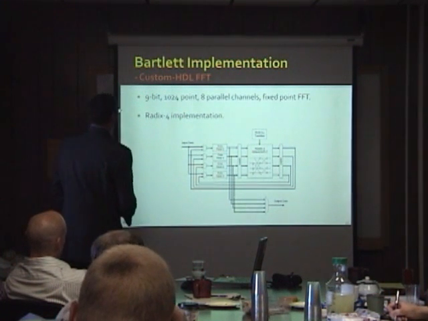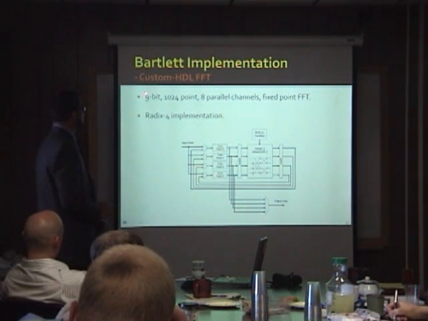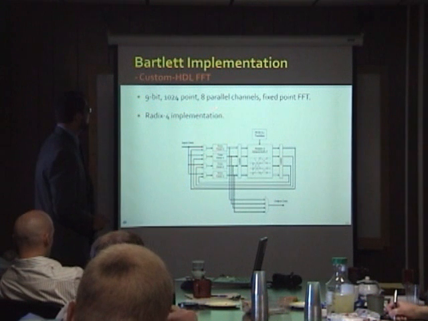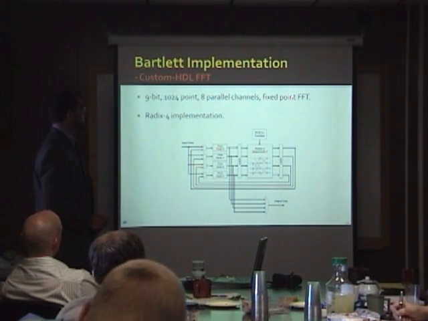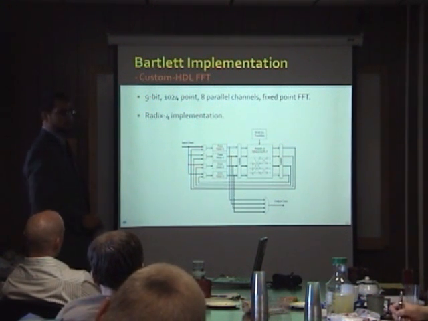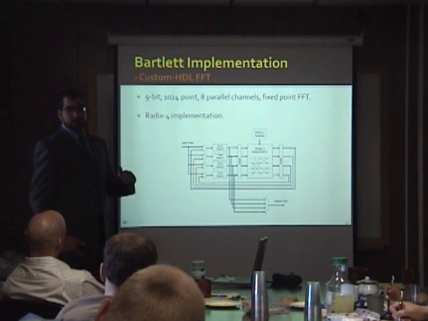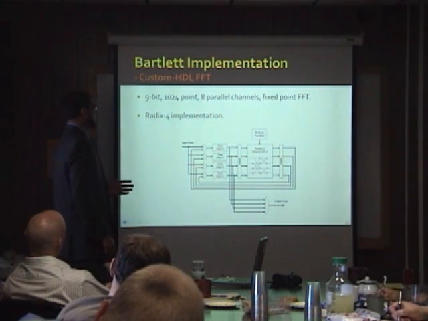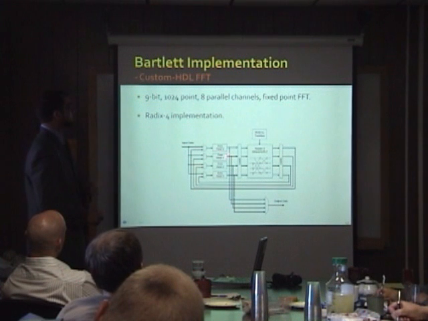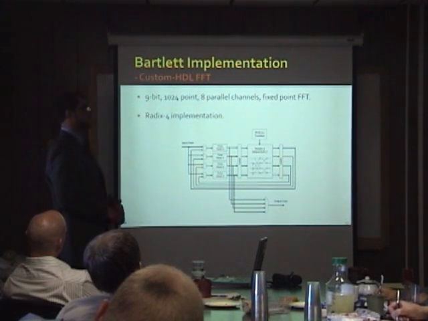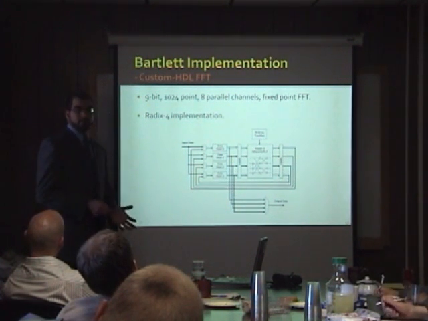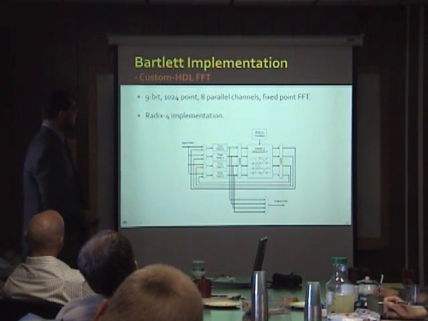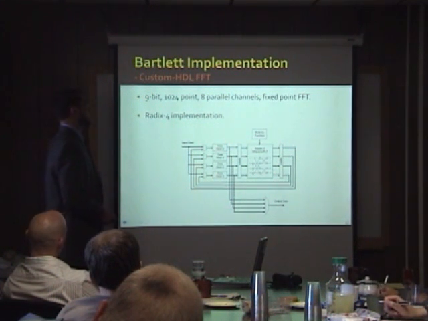So talking more about the FFT, as mentioned, it's 9-bit, 1024 points, 8 parallel channels. It performs all 8 channels all at once, simultaneously. And we use fixed point for a lot of considerations, mainly resources, because the FPGA won't be able to fit an 8-channel floating point FFT.